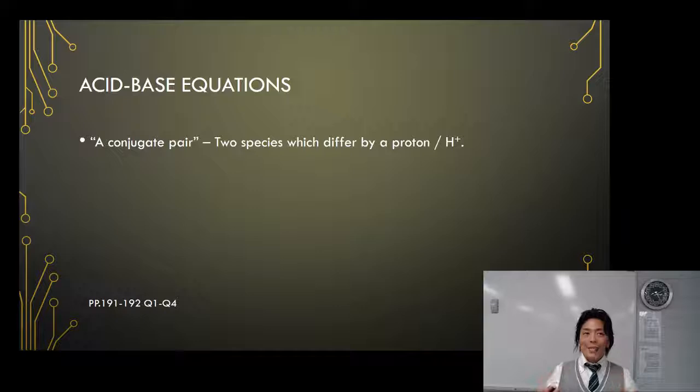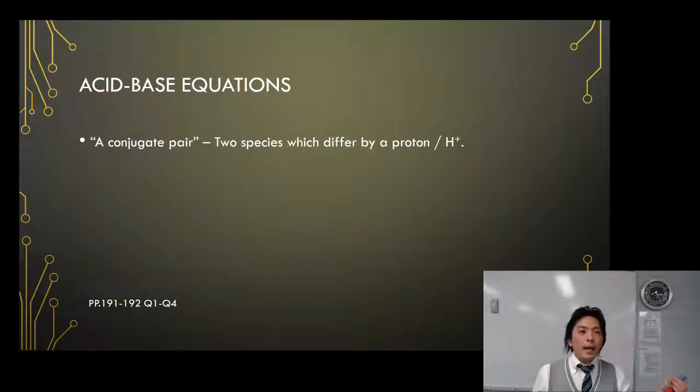HCl was an acid, and its conjugate base is Cl minus. We say base because if you remember the Brønsted-Lowry definition, a base is something that can gain or accept a proton. So Cl minus can gain a proton to become HCl again, which doesn't really happen, but that's why it's called a conjugate base, not a conjugate acid. So HCl is the acid, and the conjugate base of that is Cl minus.